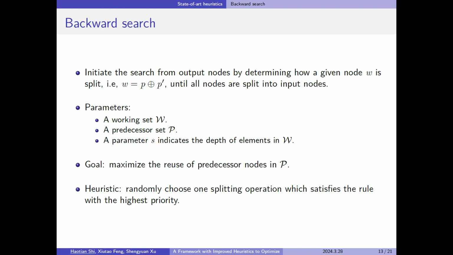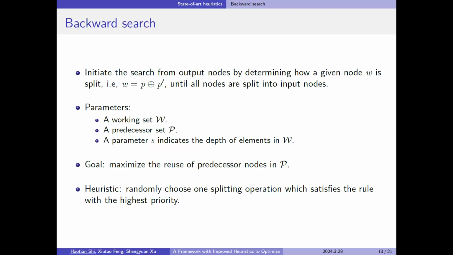The parameters involve a working set W and a predecessor set P. The working set contains the nodes to be split, and the predecessor set contains nodes that are used to split. A parameter S indicates the depth of elements in W, and the nodes in P have depth less than S. So the depth is controlled by this.